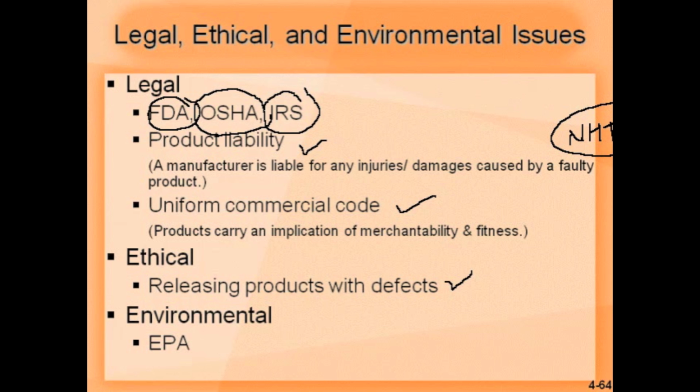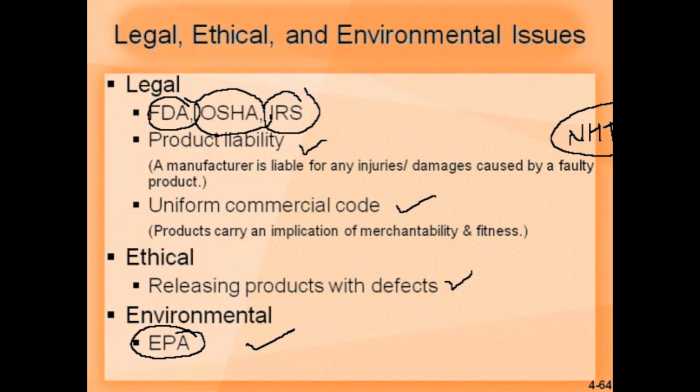And then environmental. The Environmental Protection Agency, EPA, monitors if any such guidelines or rules are broken. For example, for automobile companies, there is a specification for the emissions, how much emissions can be tolerated.